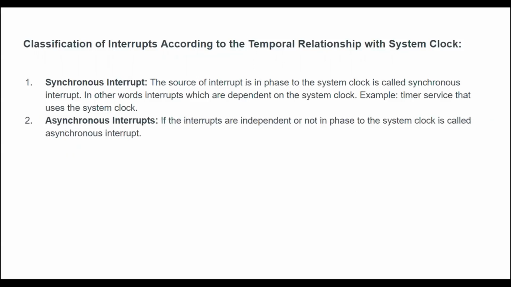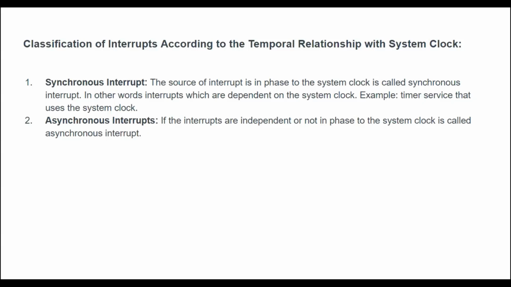And then we also have the classification of interrupts according to the temporal relationship with the system clock. First, we have the synchronous interrupt. If the source of the interrupt is in phase with the system clock, it is called a synchronous interrupt. In other words, interrupts which are dependent on the system clock.